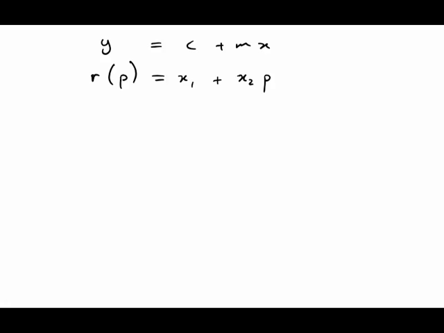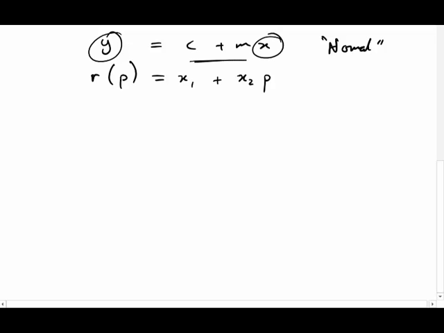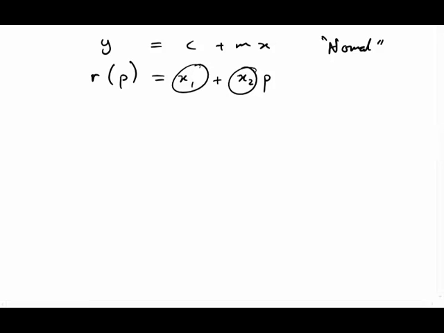So if you like, in normal maths, the thing we're interested in is what the y and x are doing, so we're less interested in what the coefficients are doing. However, in optimization, what we're interested in is what the x1 and x2, the coefficients, are actually doing. We want to come up with a method to optimize those coefficients. This is what's known as a regression model.